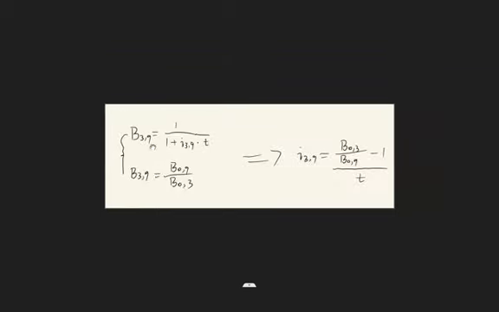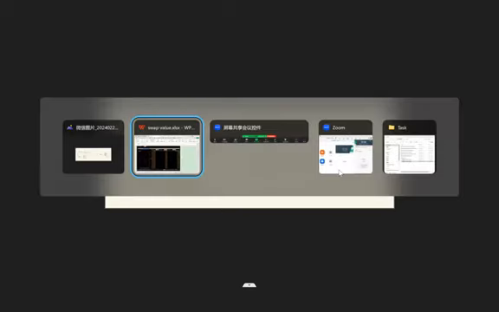We have two formulas. The bond value from now to 9 months is equal to this, and the bond value from 3 months to 9 months is equal to this according to some replication method, and then we get the forward rate calculation formula. And after we get the formula, we can use zero rate to calculate the forward rate.